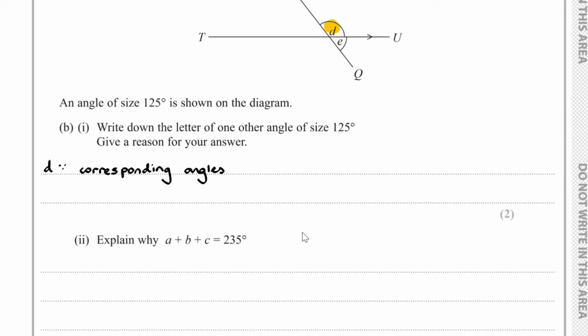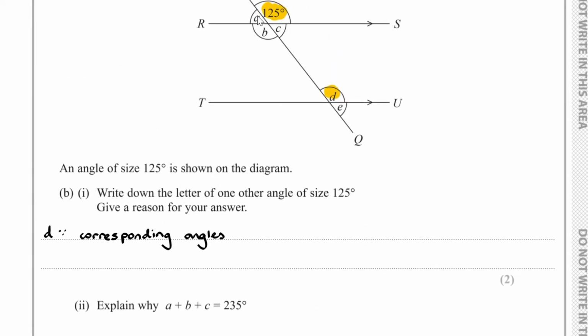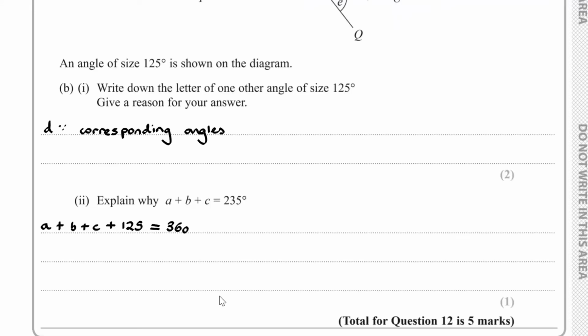And now for part II of the question, we have to explain why A plus B plus C is equal to 235 degrees. Well, here, angles around a point add up to 360. So we can use that to form an equation. We see here that A plus B plus C plus 125 is equal to 360 degrees.